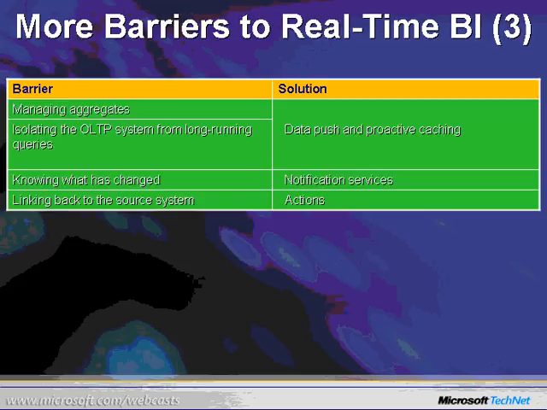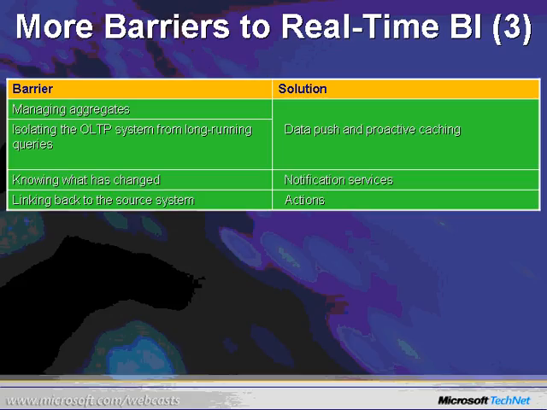So when we think about it, what are some other barriers that we have? Managing aggregate sets of data, isolating OLTP from long-running queries. We all know that if a query kicks off, it's just going to take up the system resources that we have. What about if changes happen? What about being able to link back to the source system?